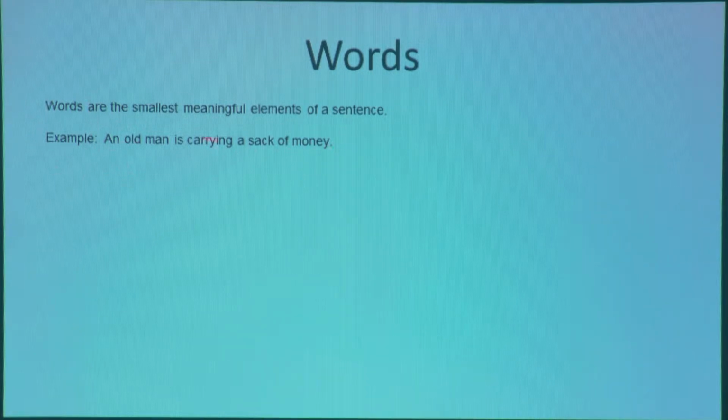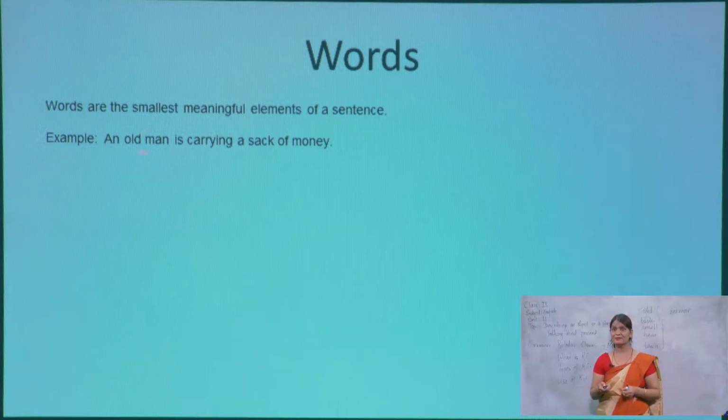You can see there are different words used. An old man is carrying a sack of money. So how many words are here? 1, 2, 3, 4, 5, 6, 7, 8, 9. Okay, these words are used for making a sentence, right?